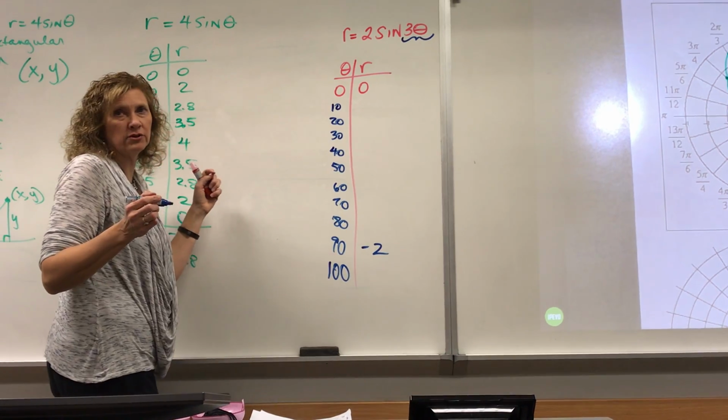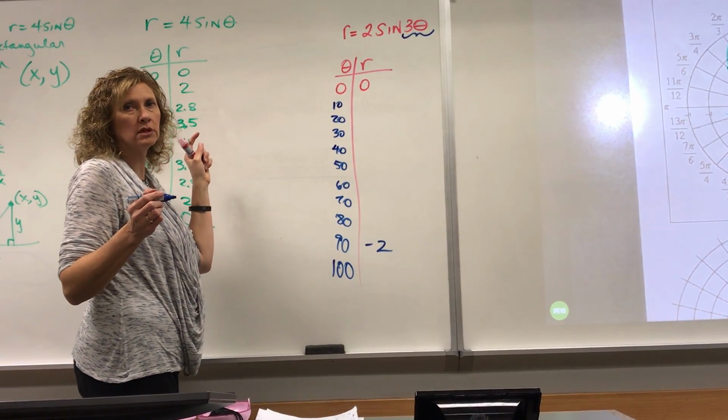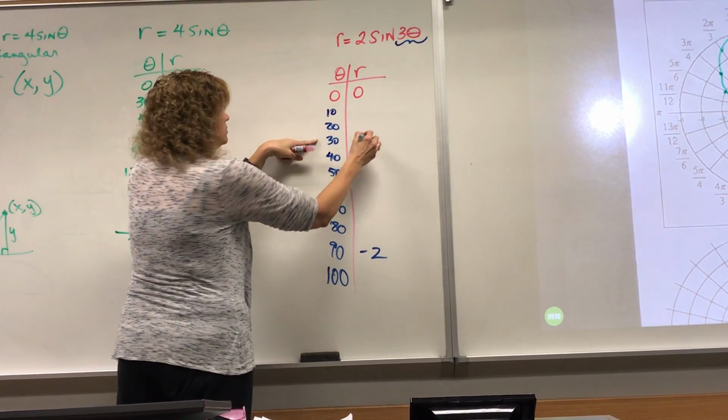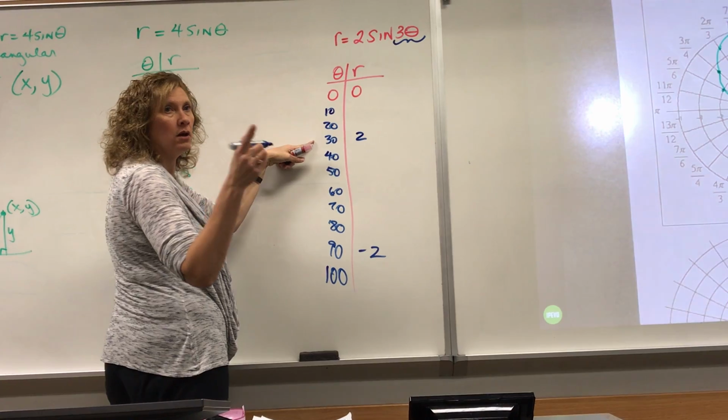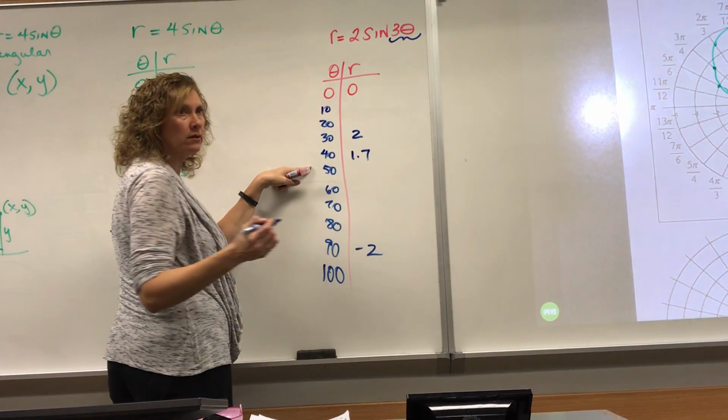And if you don't know what angle you had, just pick one and do it. You'll double check with someone. Anybody have their answer? 30 is 2. Good, easy one. 20 is 1.7. 40 is 1.7.